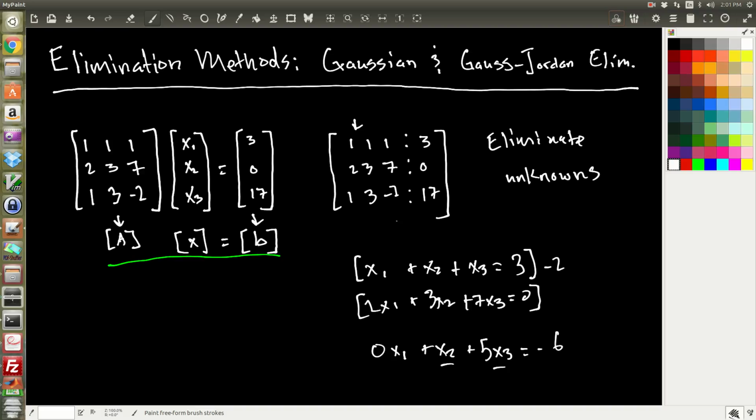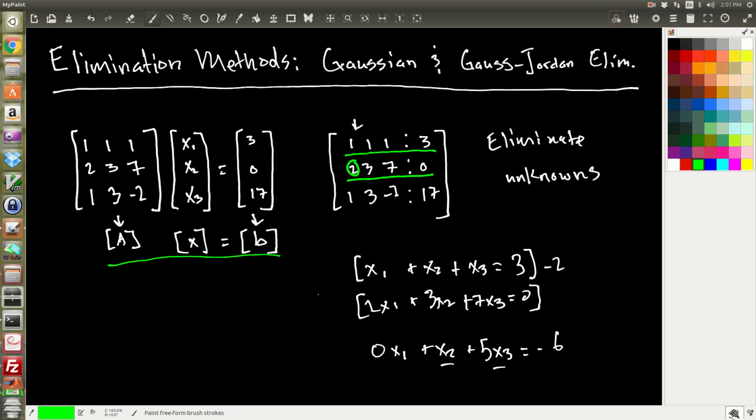I can do a similar process to this augmented matrix up here by multiplying this row by minus 2. So I multiply this row that I'm underlining by minus 2 and add it to the second row to introduce a 0 in this place.